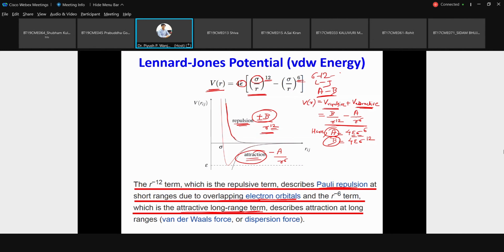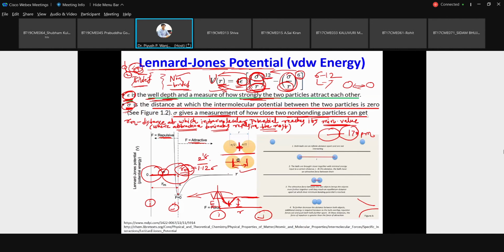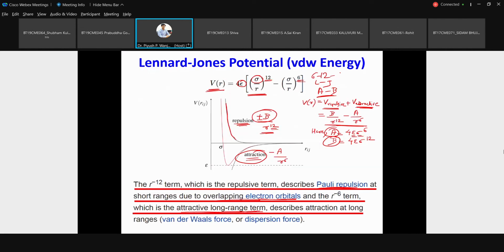To understand these concepts totally, I have a detailed numerical problem where many concepts come into play, related not just to energy but also to equilibrium. The force also comes into existence. So you can understand at the molecular level exactly how potential energy and forces take place.